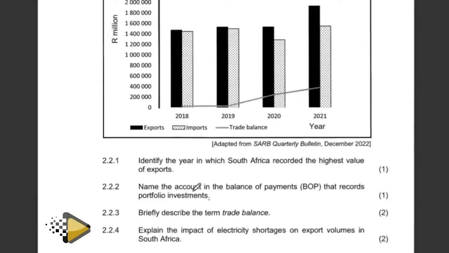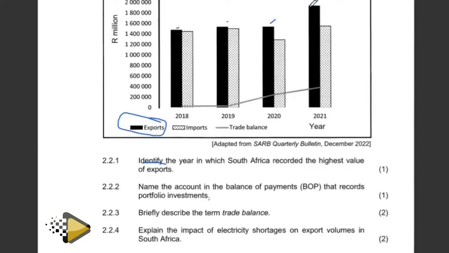Okay, right. So now, you have to identify the year in which South Africa recorded the highest value of exports, and this is how we denote our exports. And this is the graph of the exports.